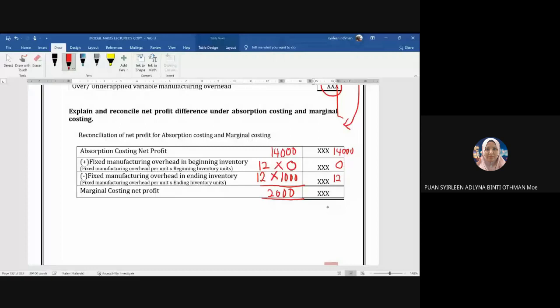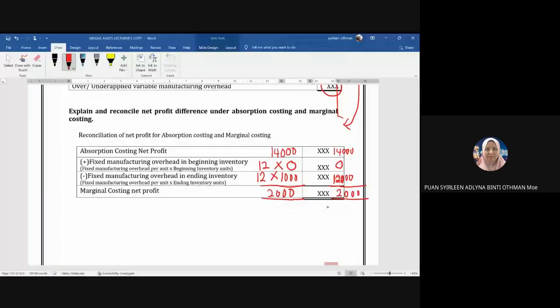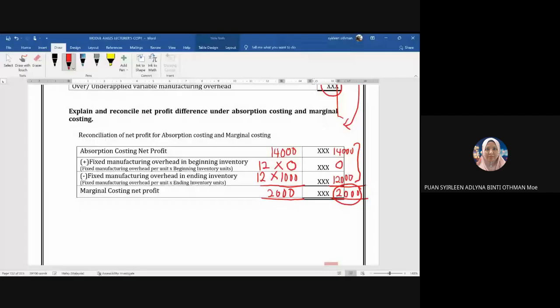So dekat sini tadi you dah tahu dah sebab kita dah buat statement kan? Okay, betul tak? Tengok balik. 14 tolak 12 mesti dapat 2,000. That's what we meant by reconciliation. Maknanya you jumlahkan dekat sini, nilai dia mesti sama dengan ini. Sebab itu berlaku perbezaan tadi. Kenapa perbezaan?